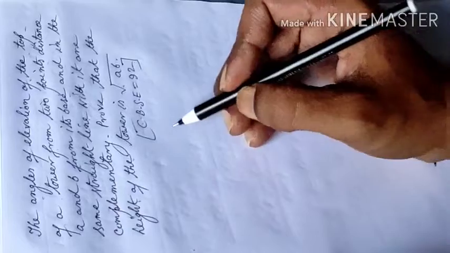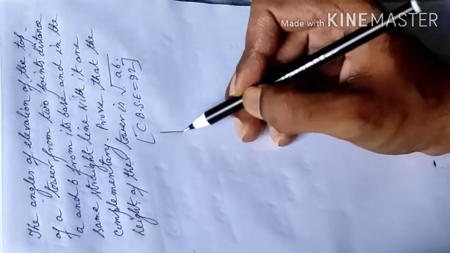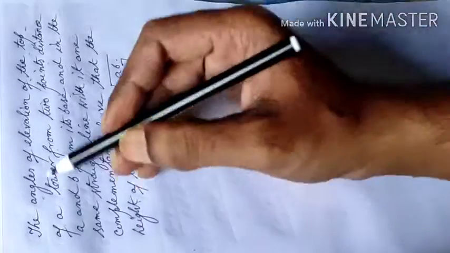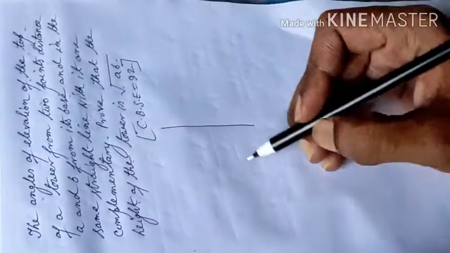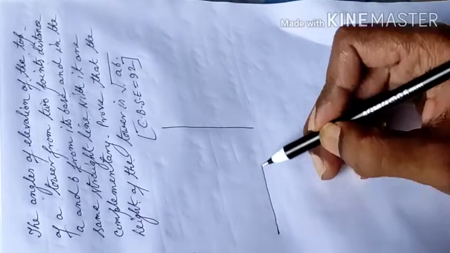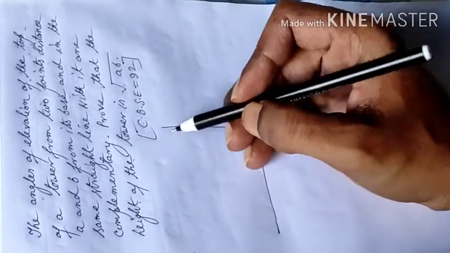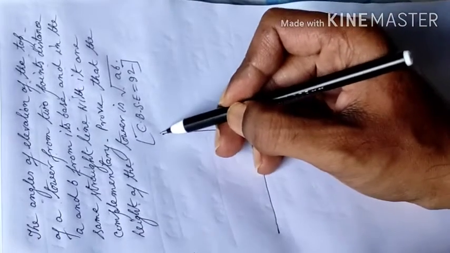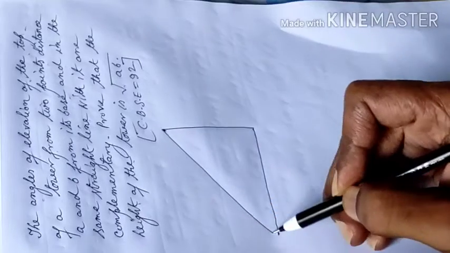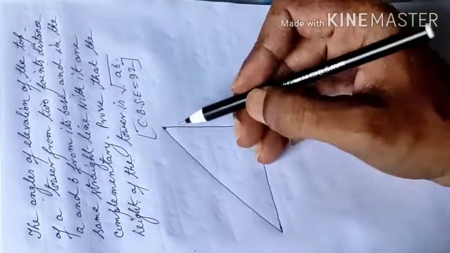So first we draw a tower. This is your tower. From the top of the tower, the angle of elevation is, suppose, theta, and the other must be 90 degree minus theta.